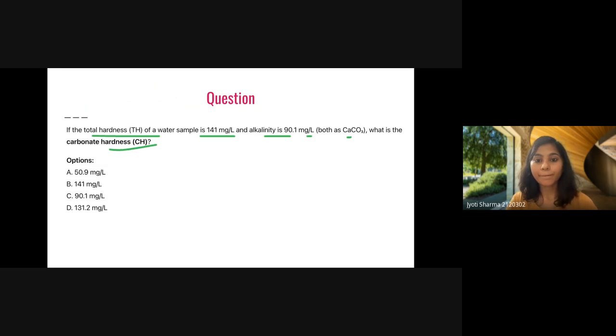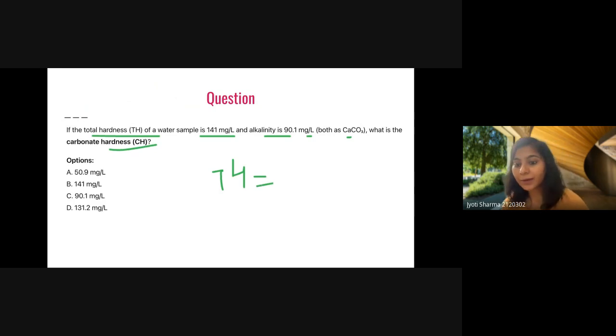We talked about total hardness. I asked about the carbonate hardness, but not about the non carbonate hardness. You are going reverse to that.